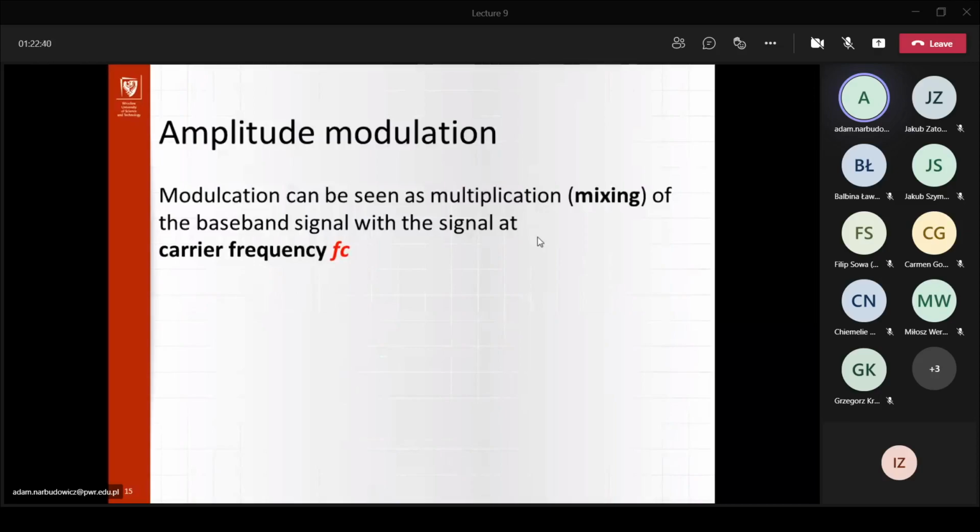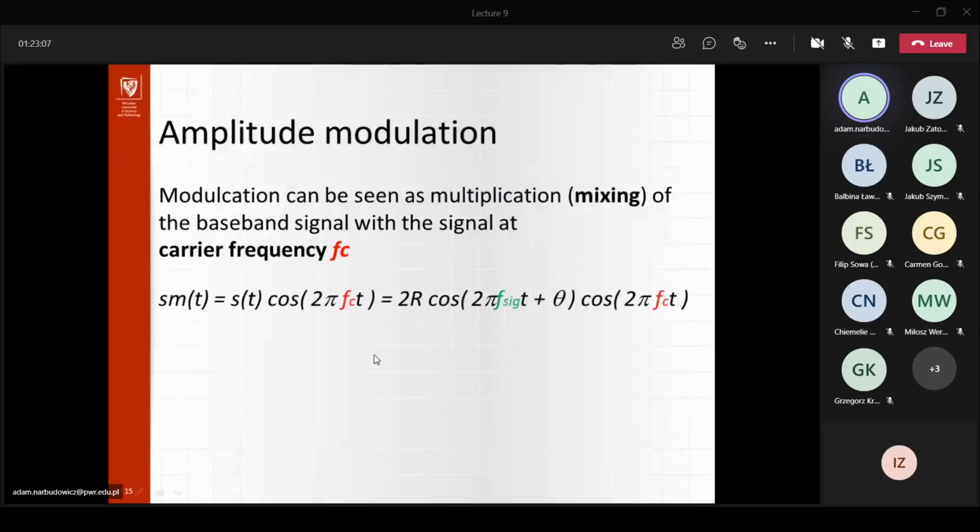We have our carrier frequency, which is, let's say, this 100 megahertz signal, and we have our slow changing human speech signal. When we multiply them, we create a signal at new frequencies that corresponds to the modulated signal that we want to transmit.